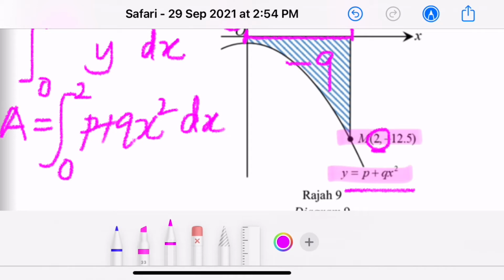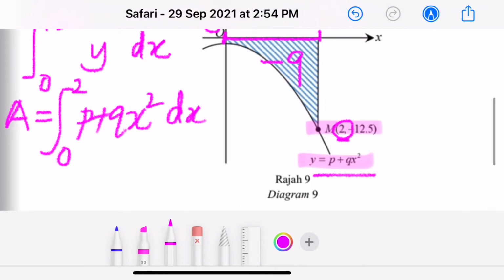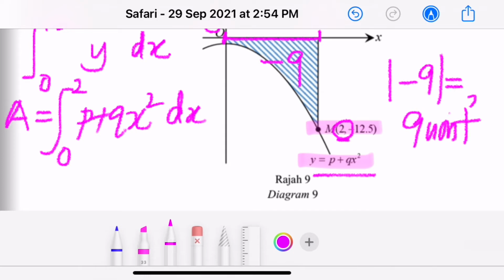The integration value will be negative, even though the area is 9 unit square, because the area is the magnitude of the integration value, which is positive 9. Area will be forever positive, but the integration value depends on the graph.